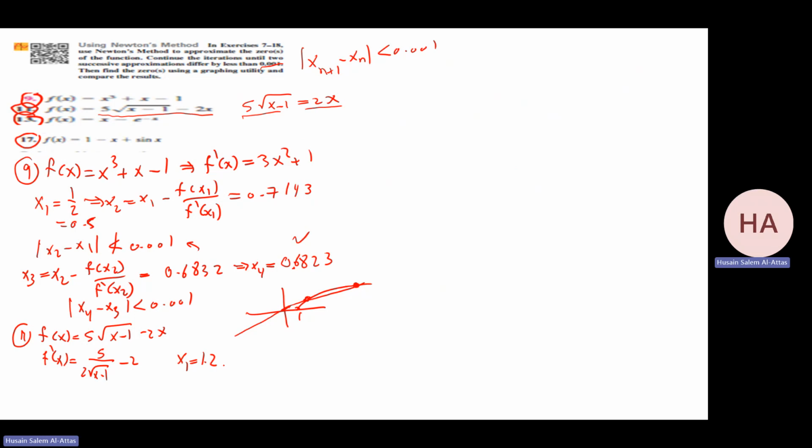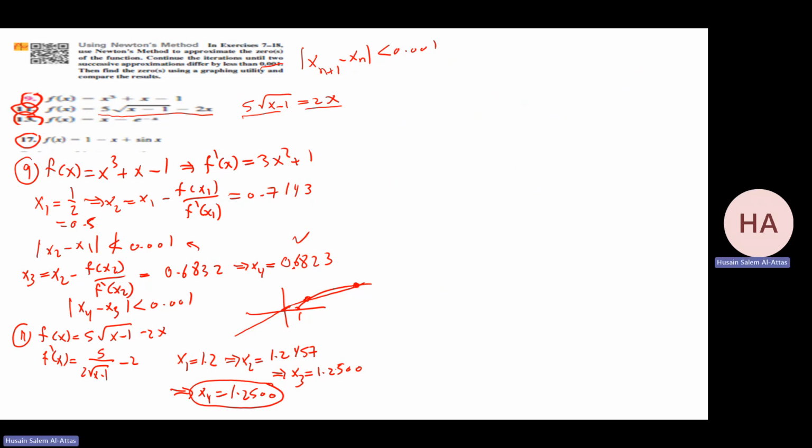If I plug it, I will get x2 is 1.2457. x3 is 1.2500. x4 is the same. So this is what I want. The difference between them is less than 0.001.